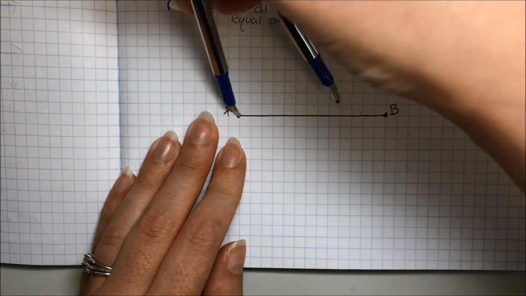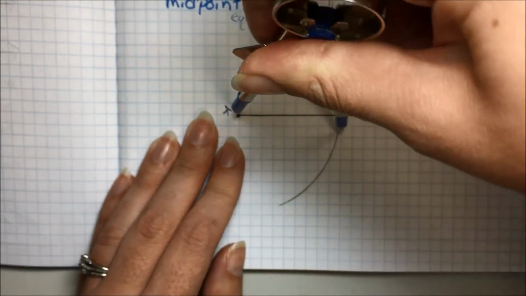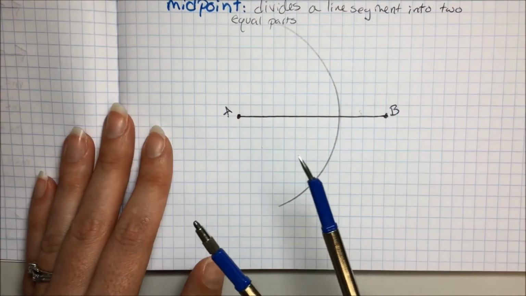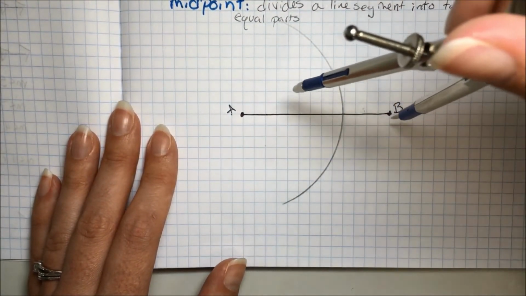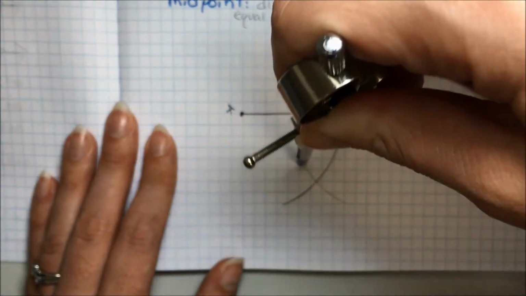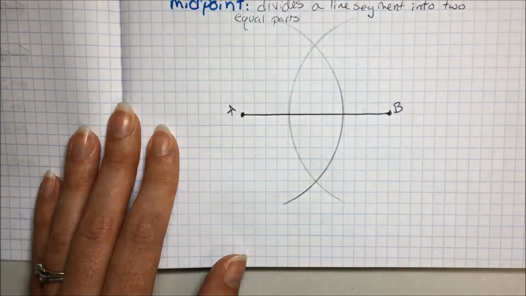So I'm going to open my compass larger than halfway of AB and construct an arc centered at A. And I'm going to use that same radius to construct an arc centered at B. So I'm not going to change the compass.